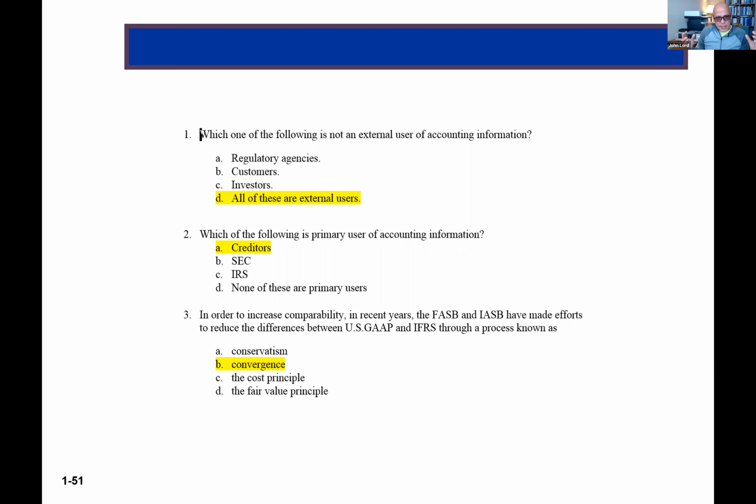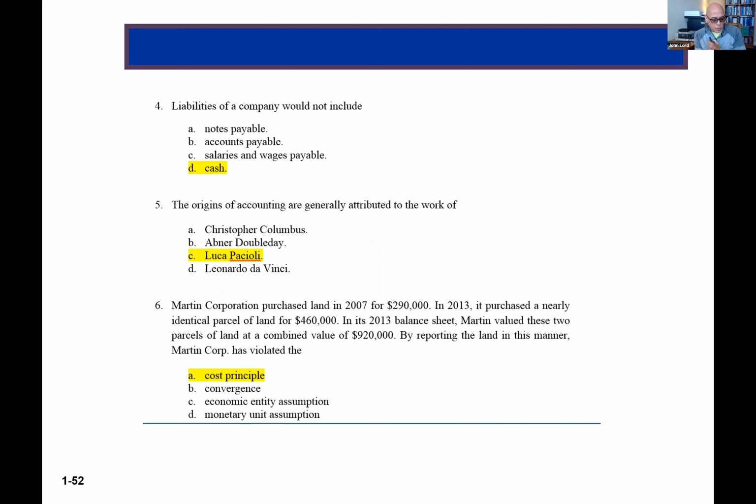But despite these differences, this process of working off the same conceptual framework is called convergence, trying to get the two standards to come together. So it's more of an evolutionary process than a revolutionary process, where it was thought at one time the US would just go over to IFRS. That never happened. Okay, good.